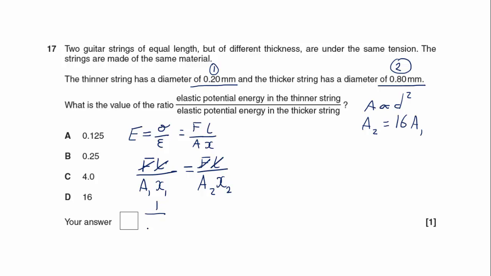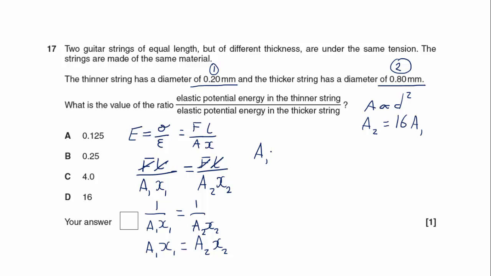So that tells me I've got 1 over A1 x1 is going to equal 1 over A2 x2, and therefore if I flip those on their head, I can just say that A1 x1 is going to be A2 x2. Now, earlier we showed that area 2 is going to be 16 times the area of 1, so let's put that into here.